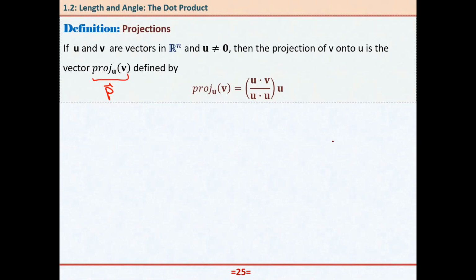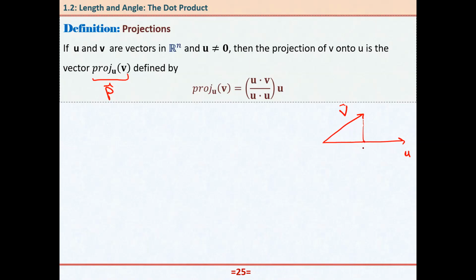Okay. So that means that here we are given a vector, let's say vector U. And here we have vector V in n-dimensional space, right? And the projection of V onto U, what is it? If you drop a perpendicular from the head of this vector onto this vector, we get a point here, right?